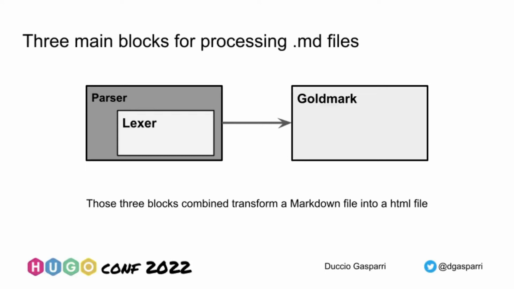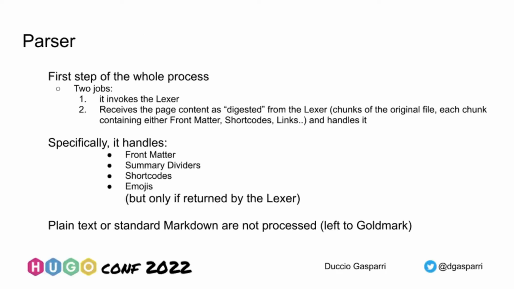And here comes the parser. So the pre-processing is done by the parser. The parser is really the first step of the whole process. It has two jobs. First, it invokes the Lexer.